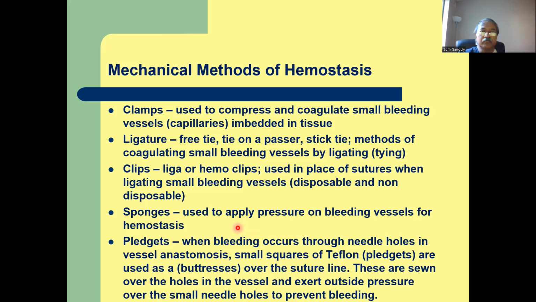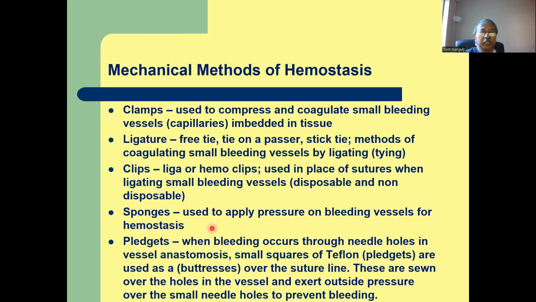Those tiny microscopic needle holes during the suturing process require some type of buttress. That buttress mechanism can be provided by pledgets.